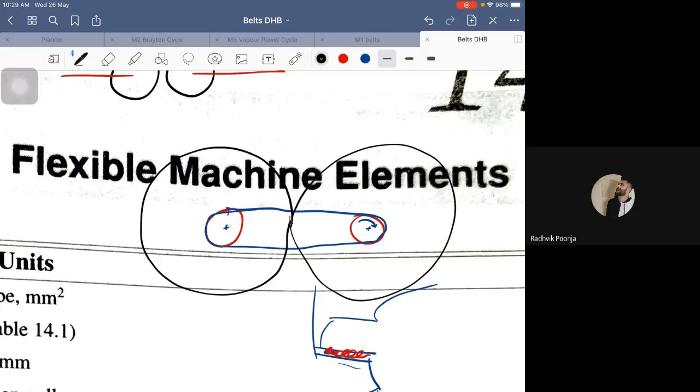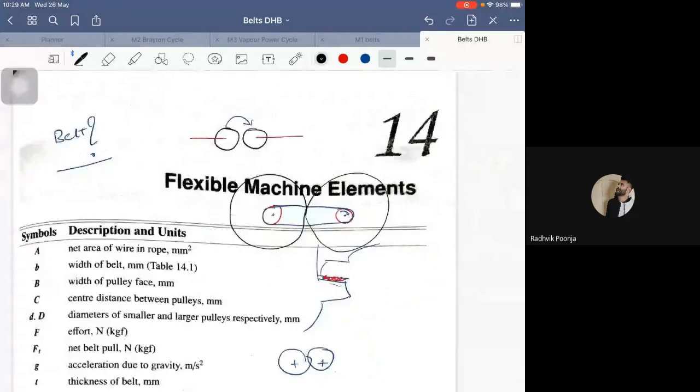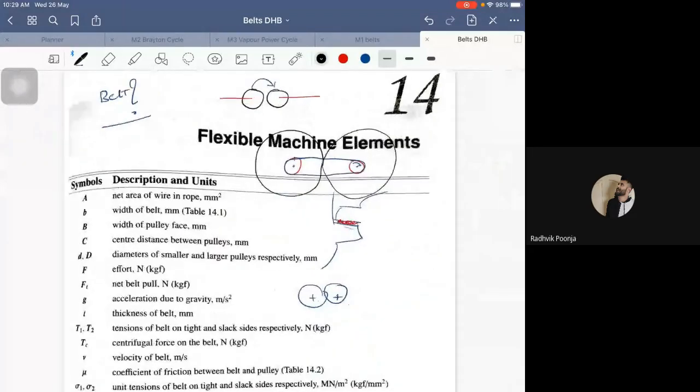Okay, it occupies a huge lot of space if the center distance is larger. So if the center distance is larger, automatically we will go with the belt drive system. Is that clear? What do you mean by belt drive system and what is its importance? Any doubts? If you want to discuss any other points, you can discuss.